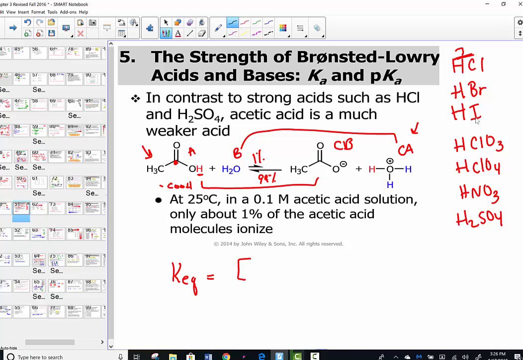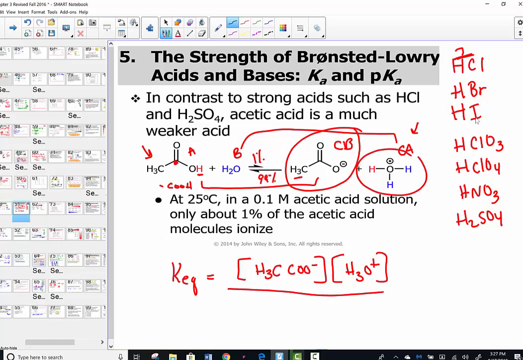So if we take a look at what this means, we have the conjugate base written out as CH3COO negative, its molar concentration, times the molar concentration of the hydronium ion, the second product, set over the original molecular form of the acid, CH3COOH, and the other reactant, the molecular form of water.